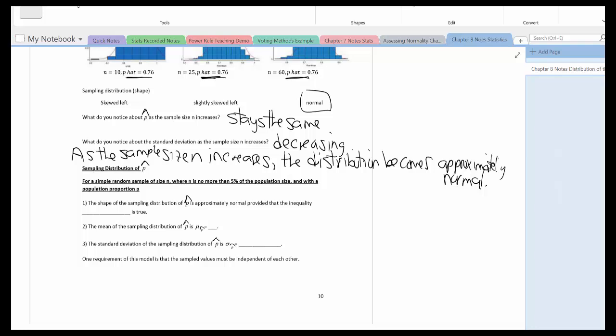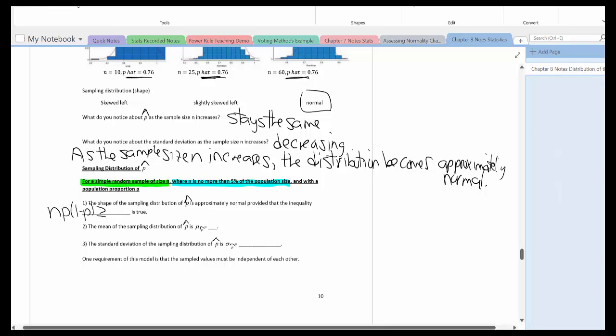So, the sampling distribution of p hat for a simple random sample of size n, where n is no more than 5% of the population size and with a population proportion p, the shape of the sampling distribution of p hat is approximately normal, provided that the inequality n times p times 1 minus p is greater than or equal to 10.